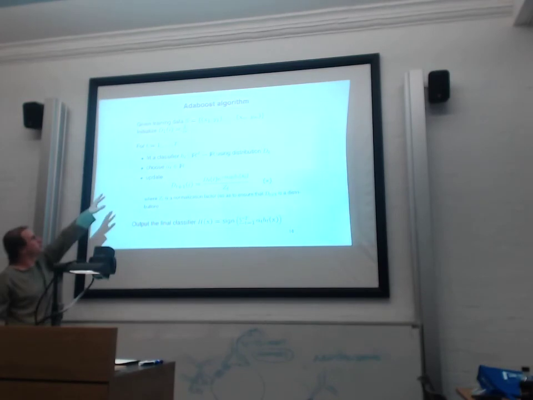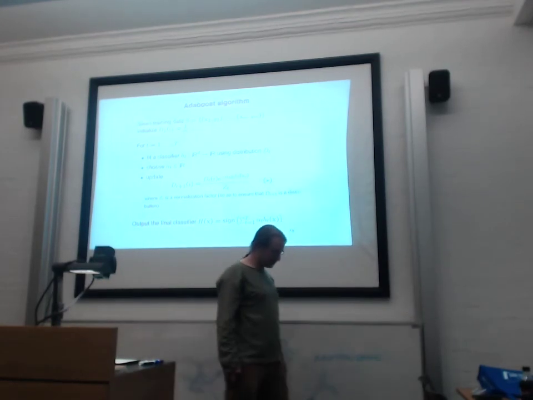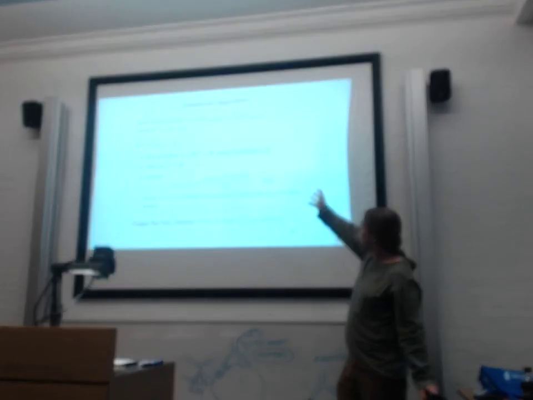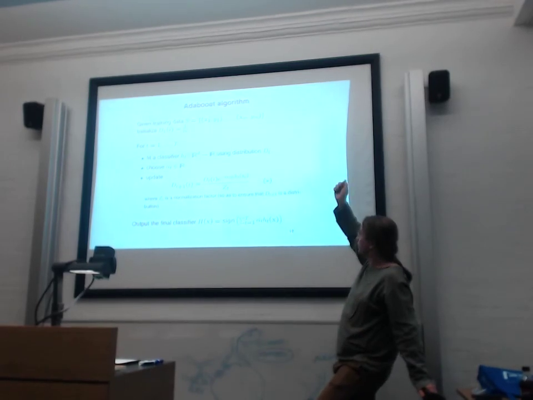Then on every trial, we're going to fit a classifier using the distribution D_t. This could mean different things, but for us, we'll just try to minimize the weighted square error.